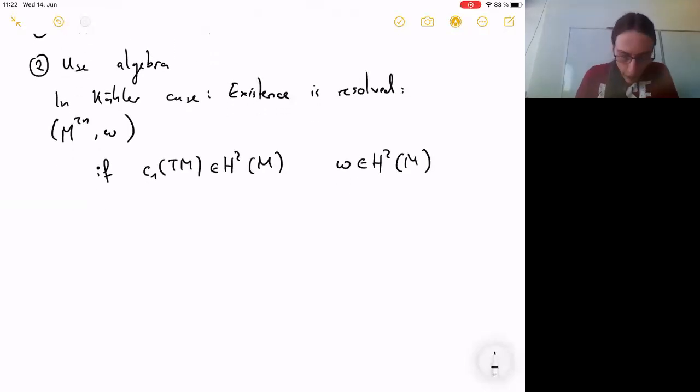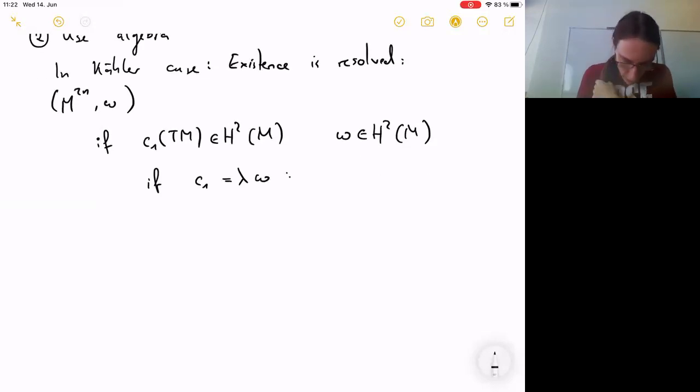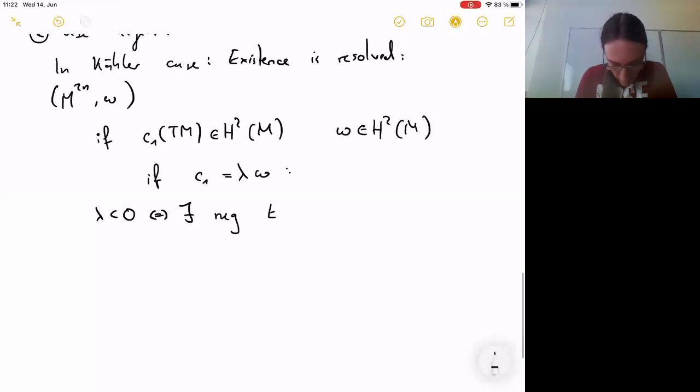And then you ask, okay, you look first, is the Chern class a multiple? If it isn't, well, no Einstein metric. And if it is, then if lambda is less than 0, this is equivalent to there being a negative Einstein metric. If it's 0, this is equivalent to there being a Ricci flat metric, which we will call Calabi metric.